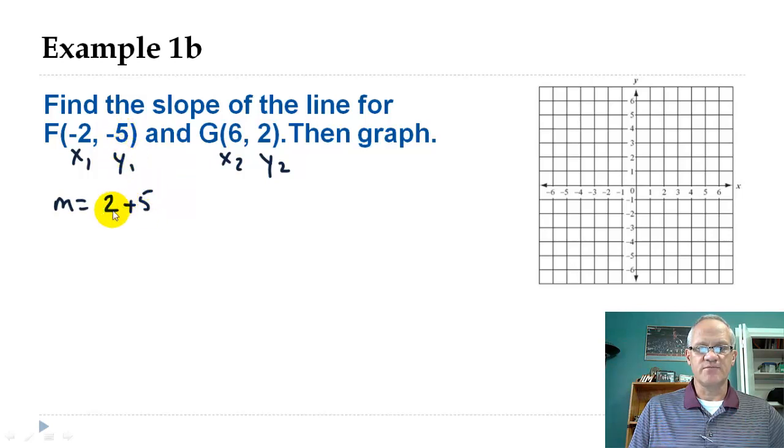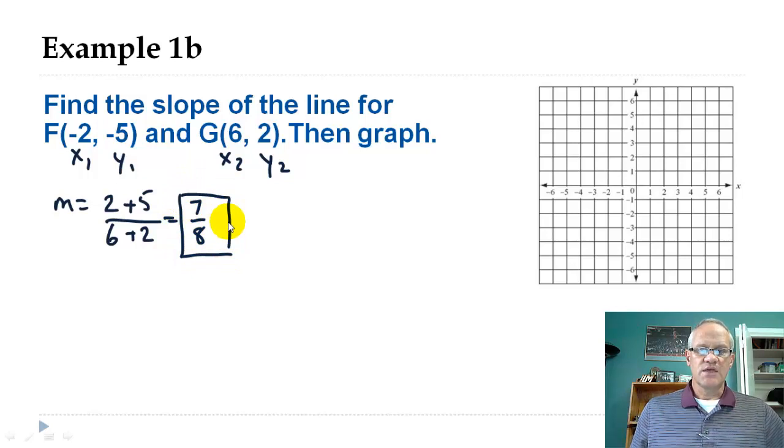Remember, minus a negative. Second x, 6 minus the first x, again minus a negative, so +2. So it looks like this will be 7/8. So it looks like our slope is 7/8 there. We do not have a way to simplify that, so that's the best we got.